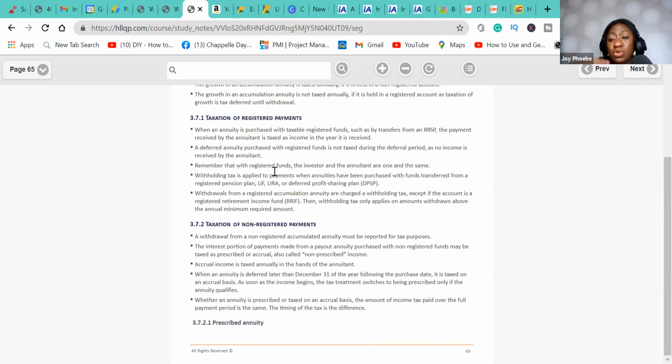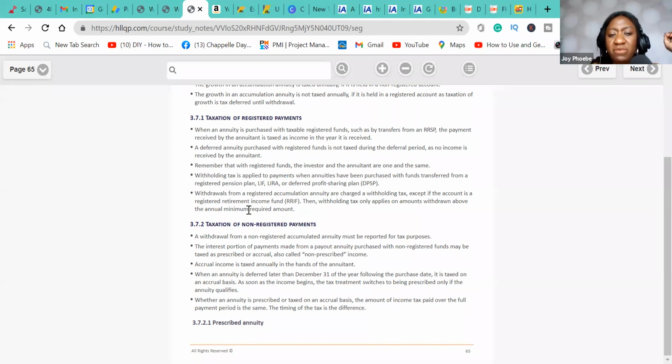It's not going to be taxed until you receive payment. Okay. And then withholding tax is applied to payments when annuities have been purchased with funds transferred from a registered pension plan, LIF, LIRA, or deferred profit sharing plan.